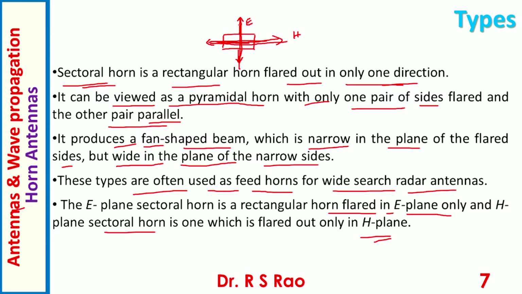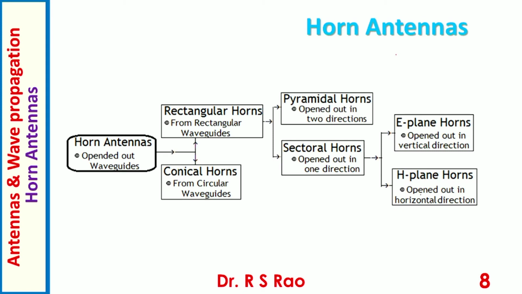The vertical plane parallel to the narrow wall is the E-plane. The horizontal plane parallel to the broader wall is the H-plane. So rectangular horns, pyramidal horns, sectoral horns, E-plane sectoral horn, H-plane sectoral horn, all these terms are explained here.